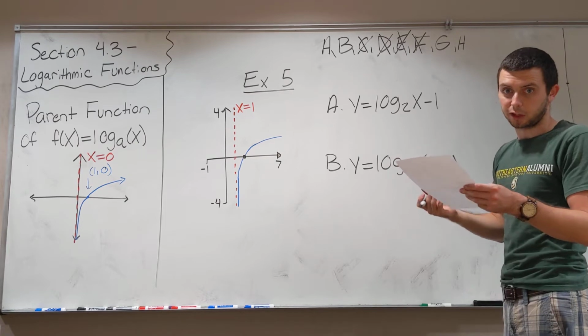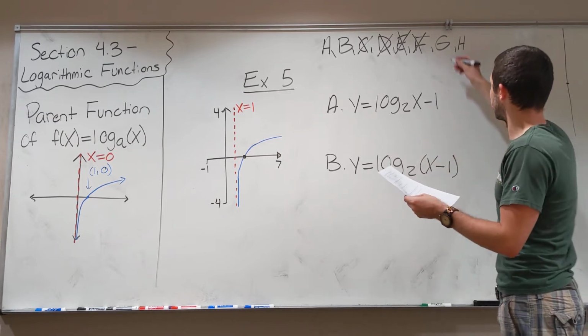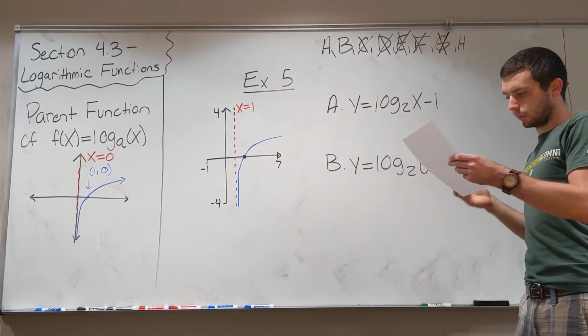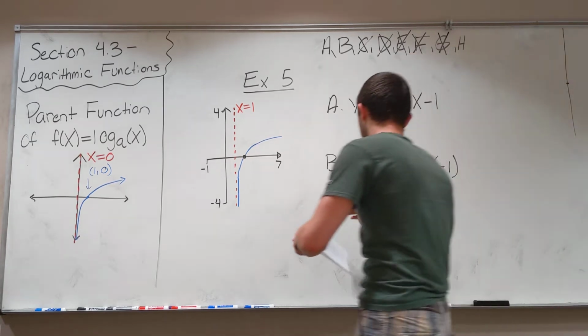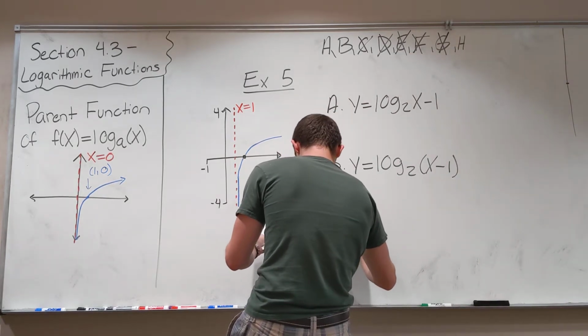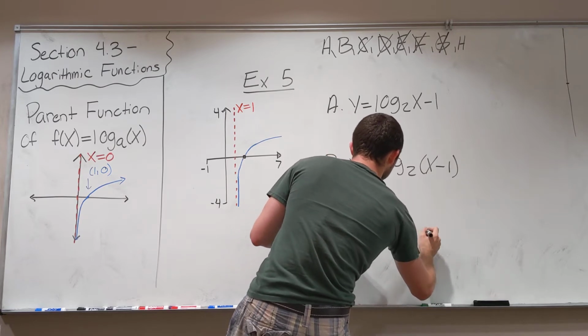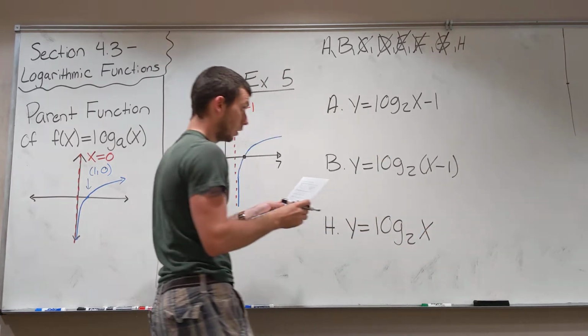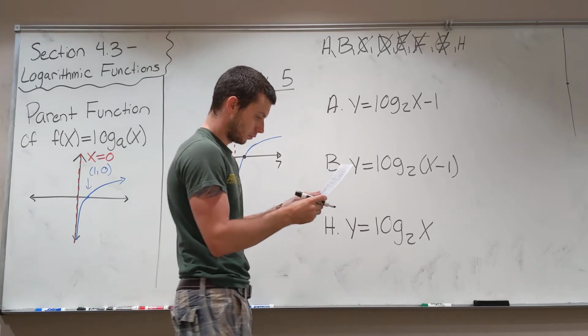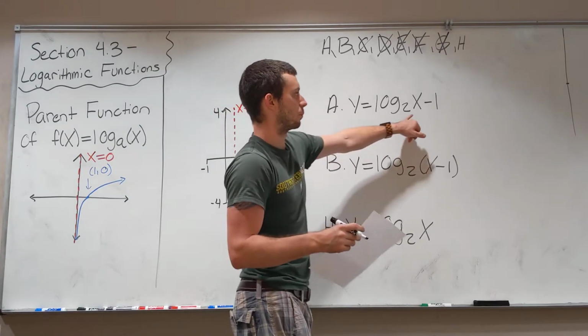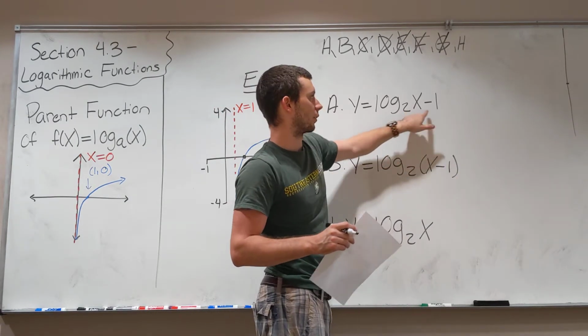G has negatives both in front of the function and in front of the variable, and it seems like H is actually okay. So from here, I'm in particular not putting parentheses around this.